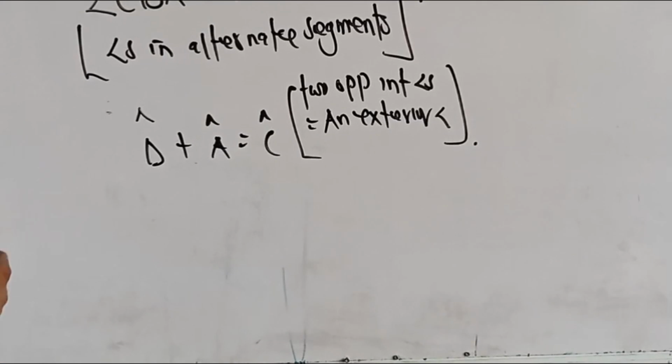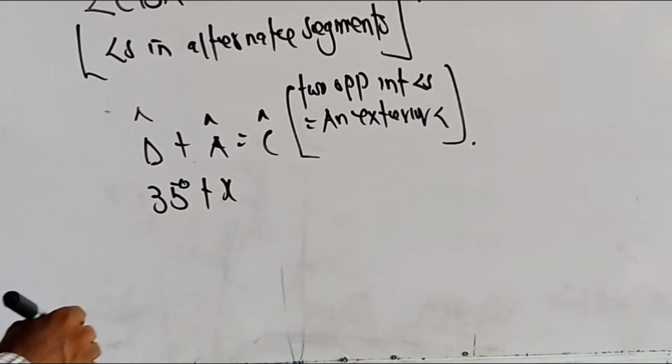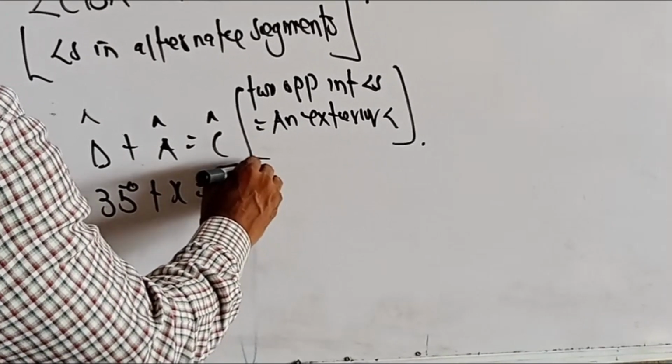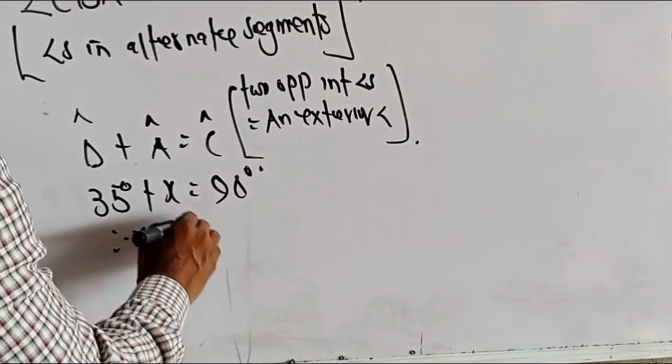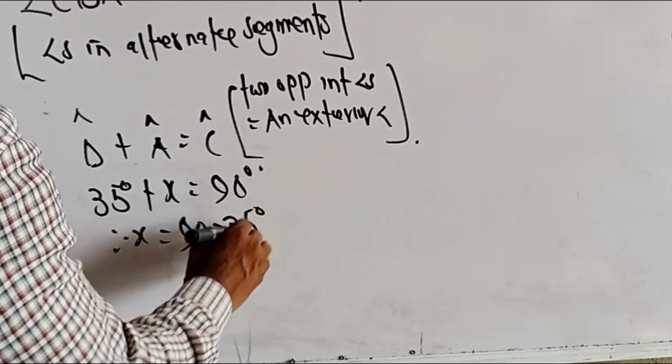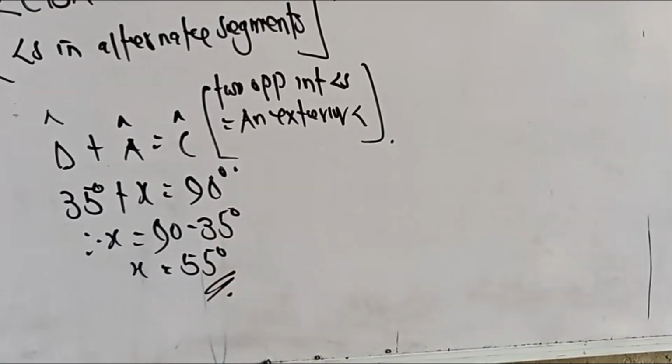So who are the interior angles now? D and A. Angle D is 35 degrees, angle A is X, and angle C is simply 90 degrees. From here, I can find the value of X. Therefore, X is simply 90 minus 35 degrees. So X will give us 55 degrees. So this is the value of X.